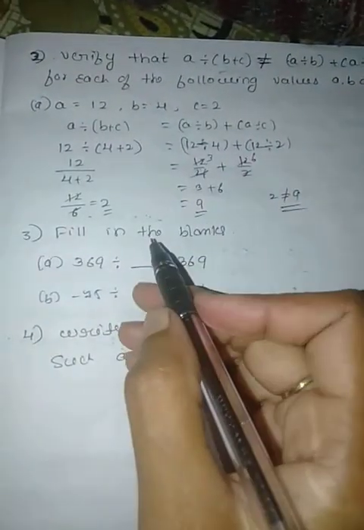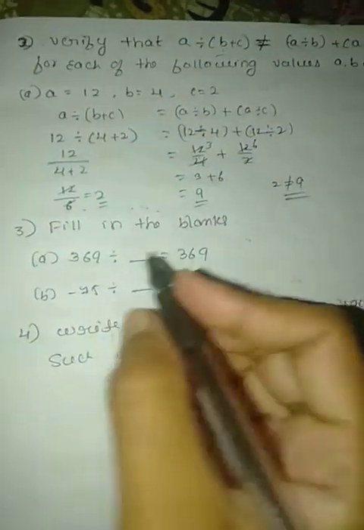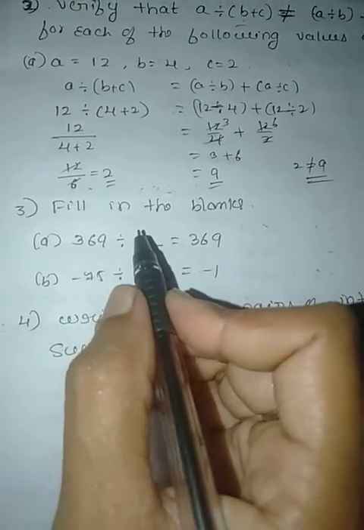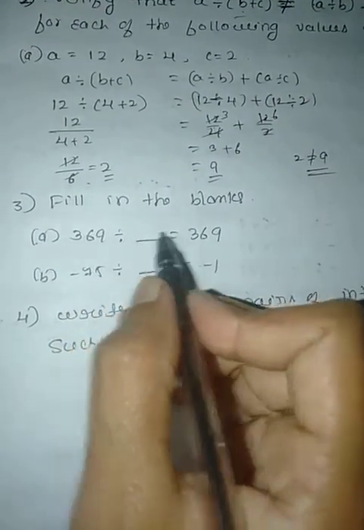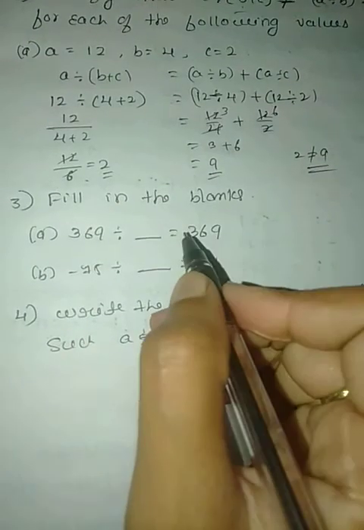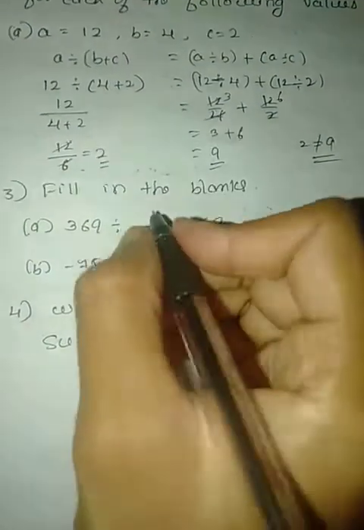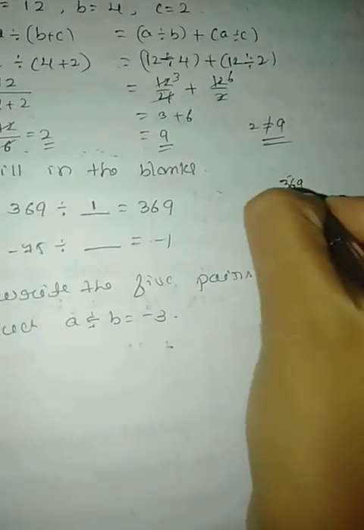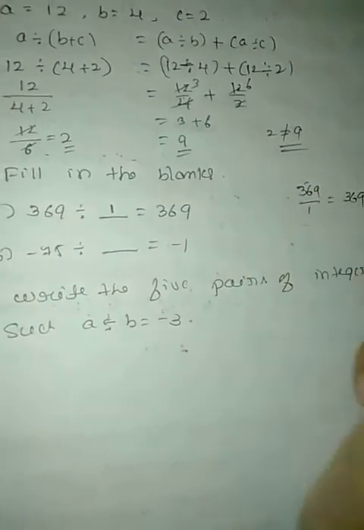The next one is fill in the blanks. When we divide 369 by any number, we get 369. Which number do we have to divide by? 1. Here 369 divided by 1, we will get 369.